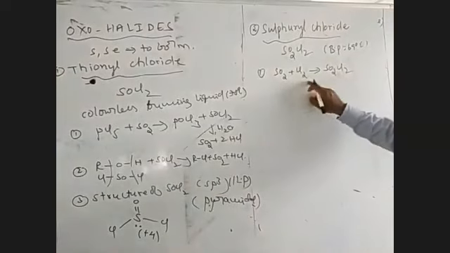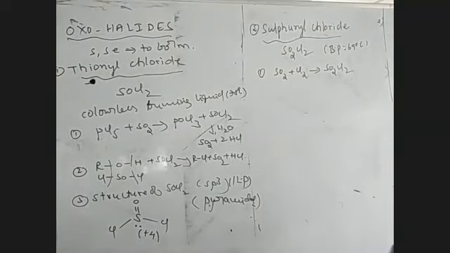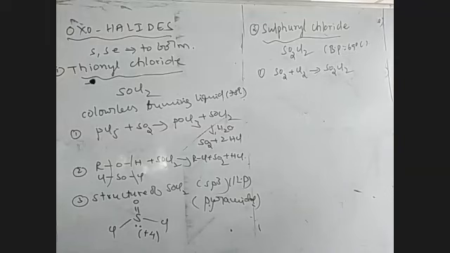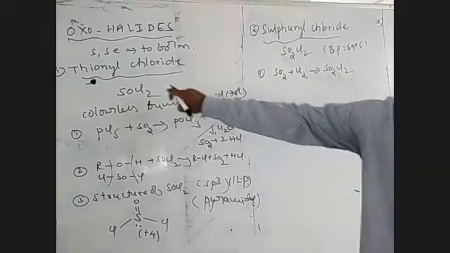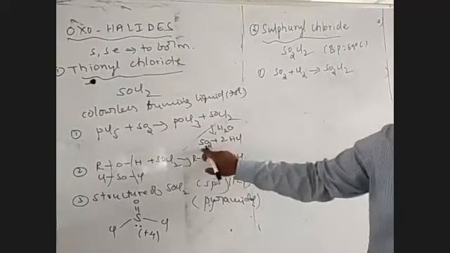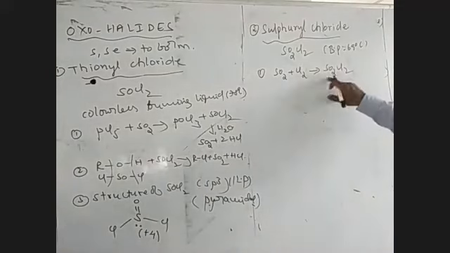SO2 directly reacts with chlorine, and SO2Cl2 is obtained. In this case, it is also used as a chlorinating agent. SO2Cl2 does not undergo hydrolysis, but SOCl2 easily hydrolyzes. SOCl2 reacts with water to form SO2 plus HCl, but SO2Cl2 does not undergo hydrolysis.